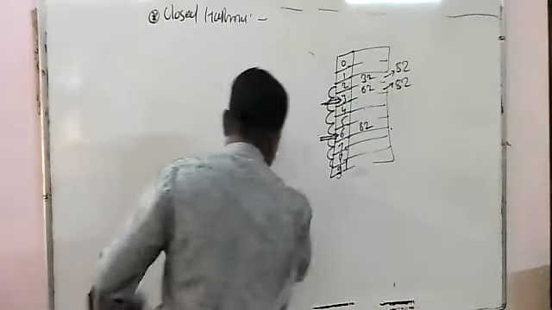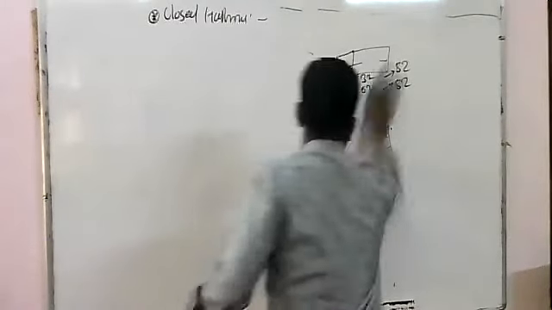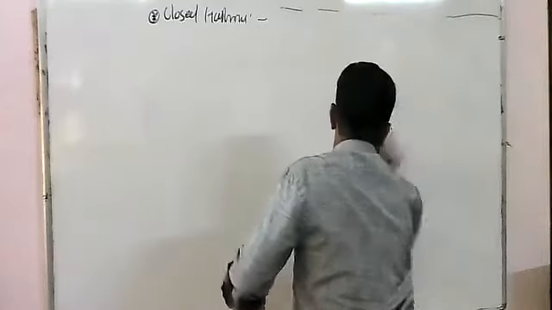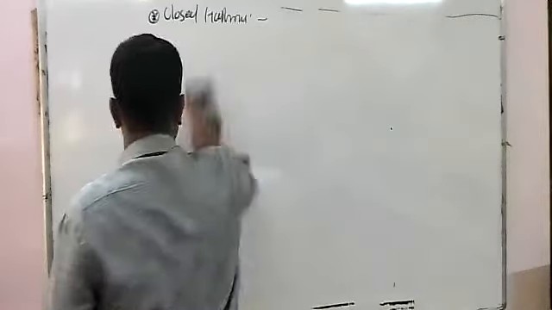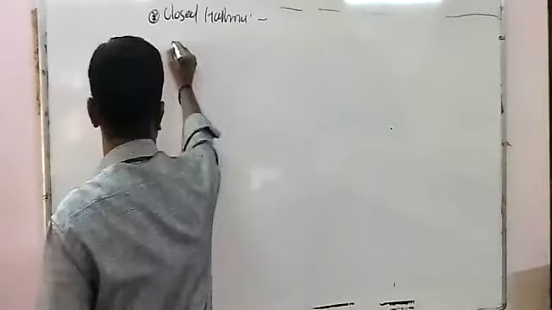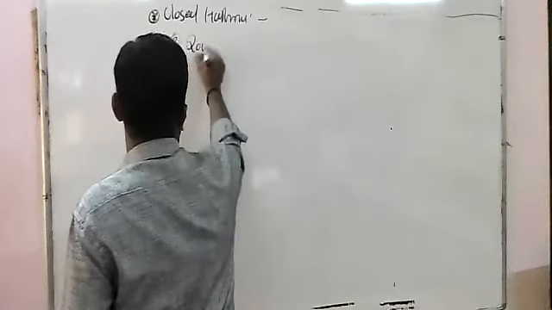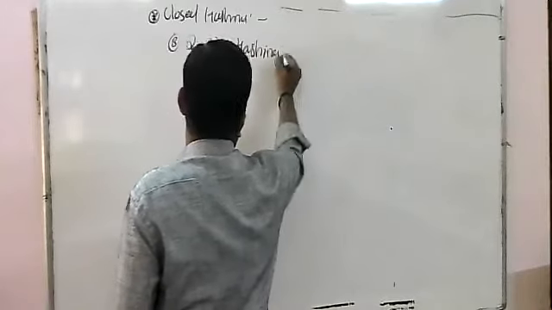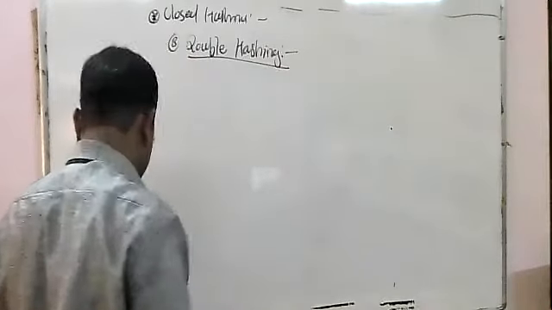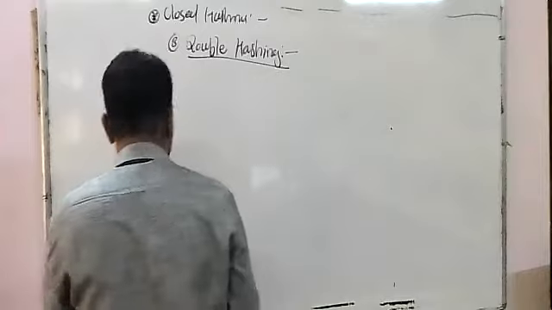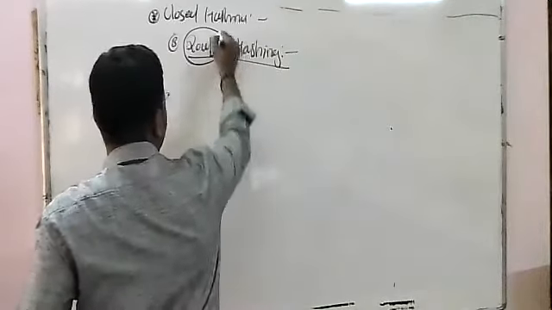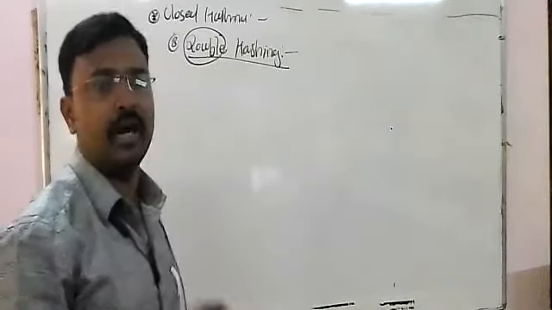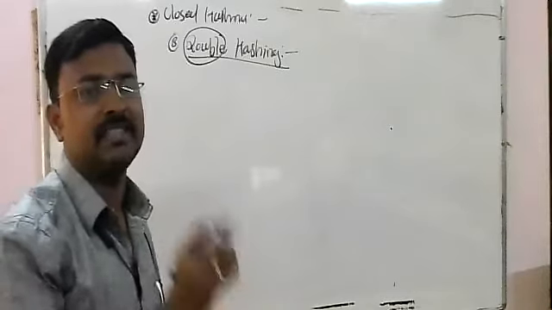The last technique we are going to see is closed or double hashing. See, in double hashing, what we have to do? The simple meaning is double hashing means we are going to apply two hash functions.